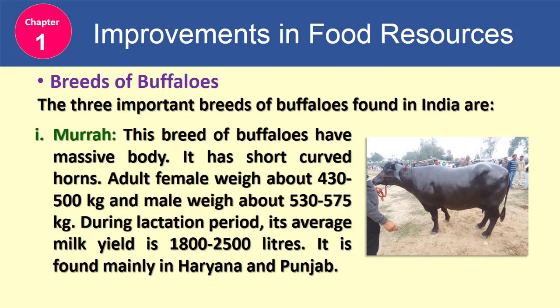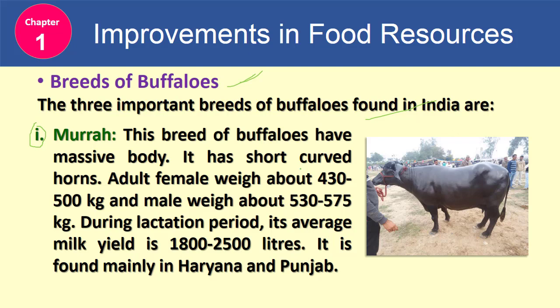Now we will learn about breeds of buffaloes. The 3 important breeds of buffaloes found in India are, so first is Murrah. This breed of buffalo has a massive body. It has short curved horns.